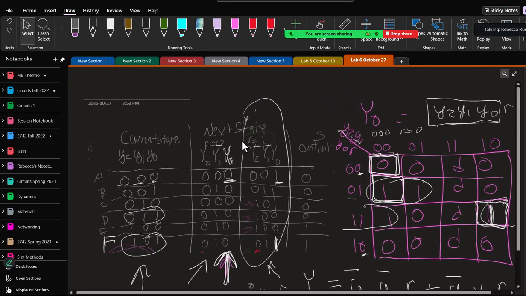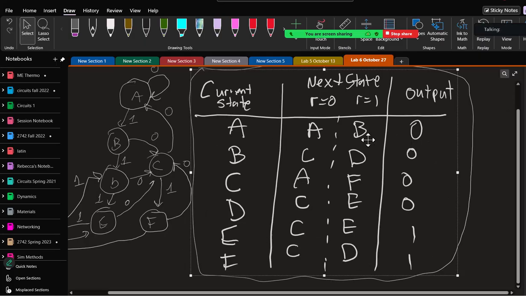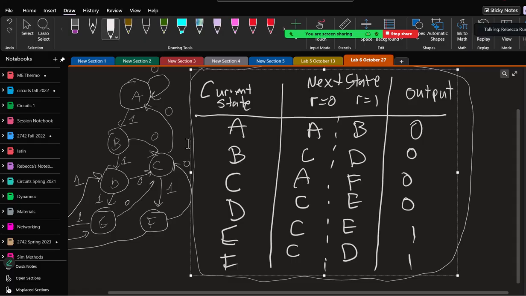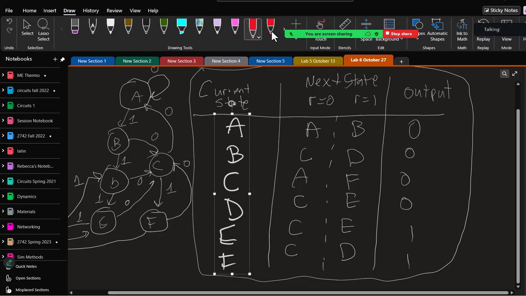Okay, so those came from, well, we first assigned letters to the states, and then we assigned numbers to the letters. So we said A was 0, 0, 0. And so everywhere where we had an A, we put 0, 0, 0.